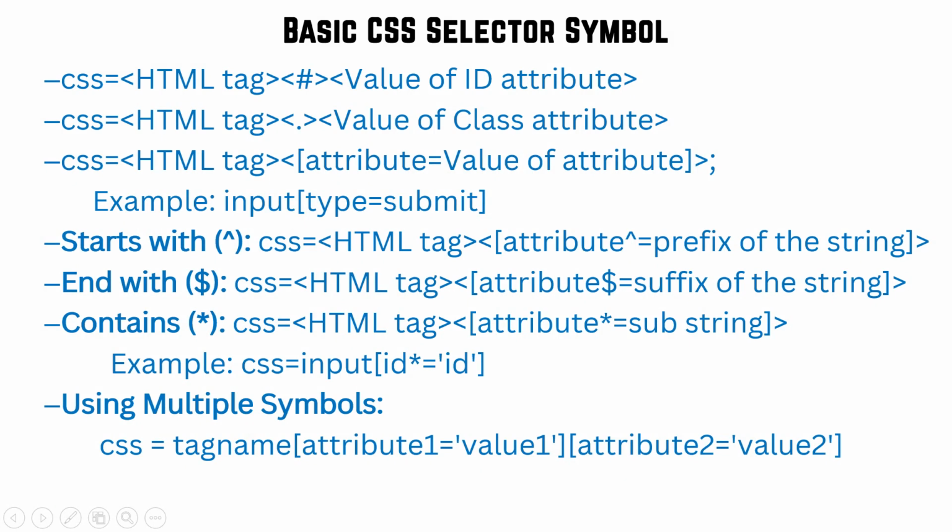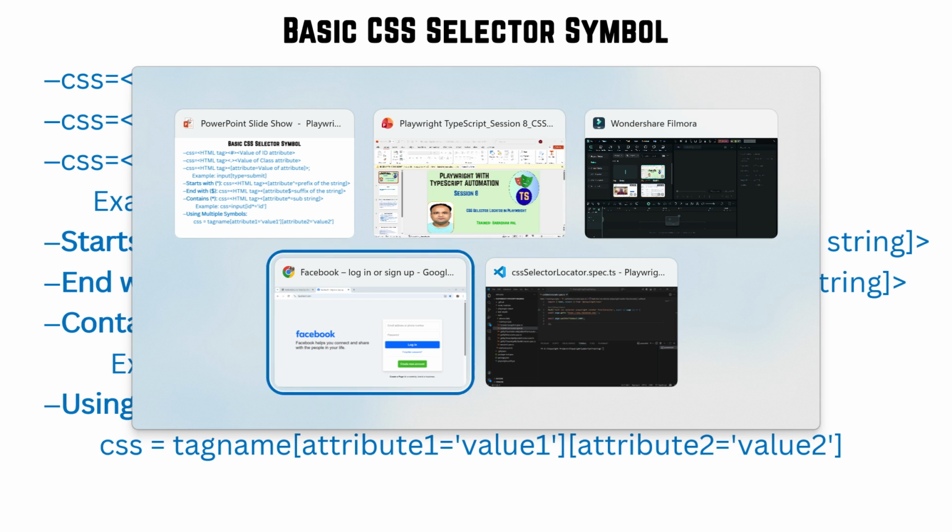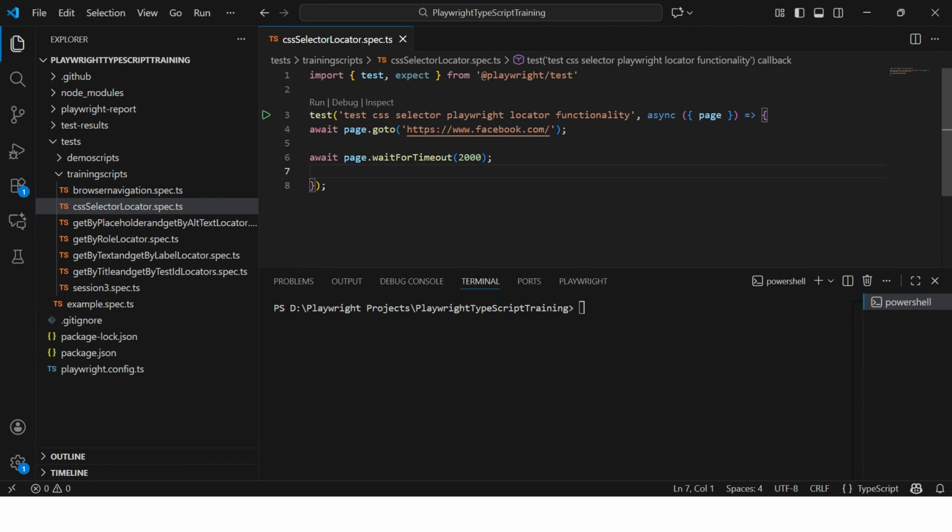Now let's see the implementation, how we can create our own customized CSS selectors and how we can use them as a locator in Playwright with TypeScript. So what I did, I already created a spec file, css selector locator.spec.ts, in the training script folder, which is available in the test folder, inside the Playwright TypeScript training project.